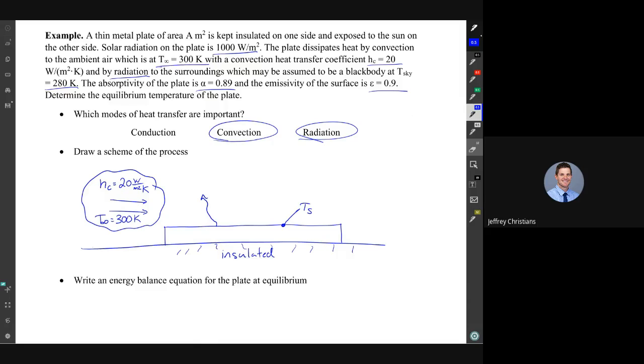All right. Now the other modes of heat transfer: it's absorbing light from the sun. So we have somewhere up here, the sun.